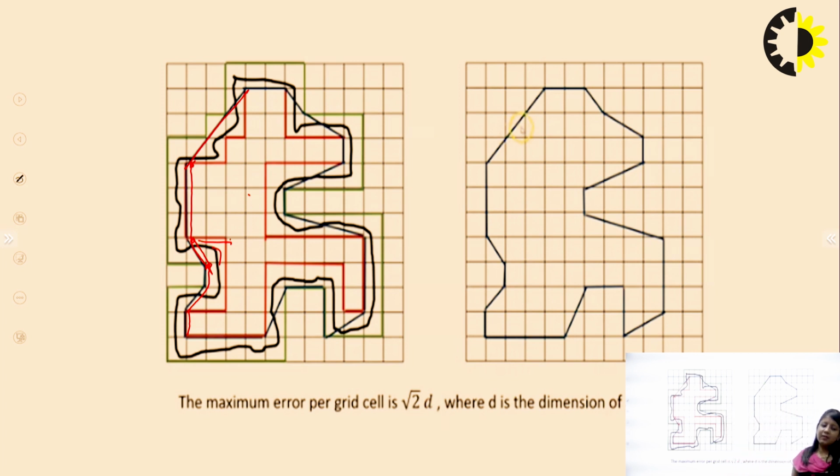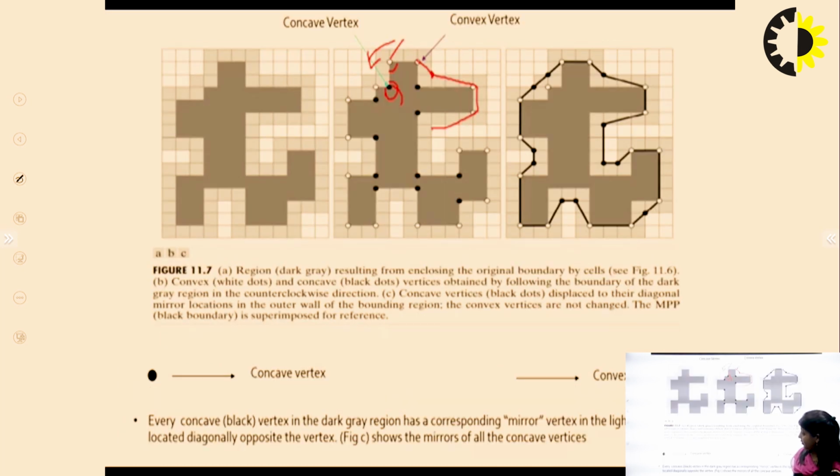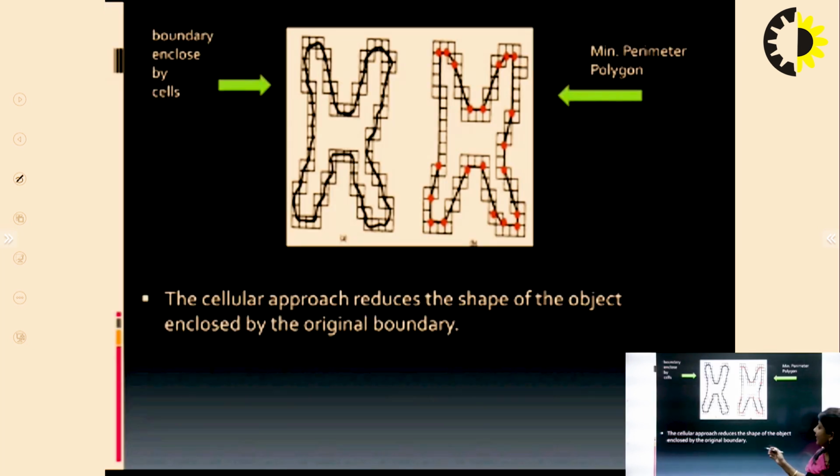So we have to check which different segment points we can connect. These are examples of polygon approximation. The cellular approach reduces the shape of the object enclosed by the original boundary.